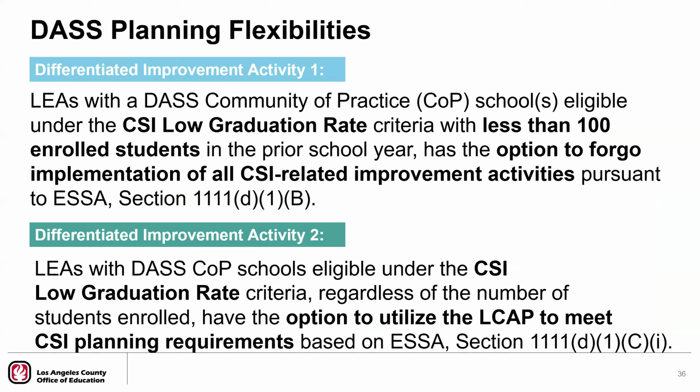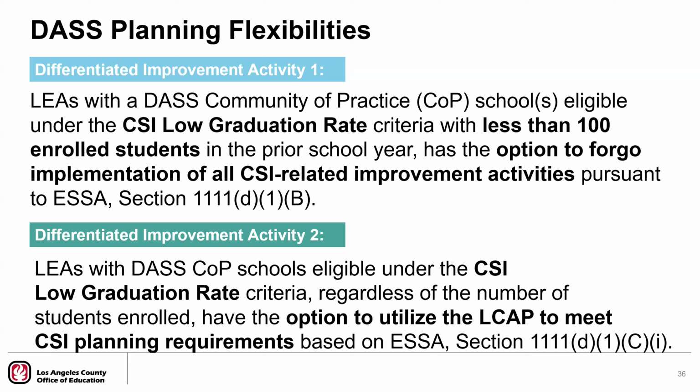So there are two differentiated improvement activity options that are available for DASS schools. And so the first differentiated improvement activity is available to any LEA that has a DASS COP school identified under CSI low graduation criteria with less than 100 enrolled students in the prior school year.